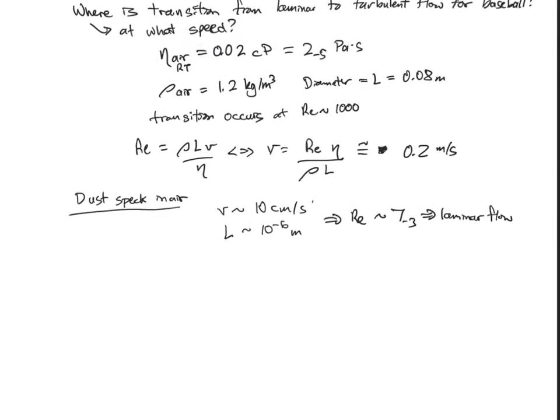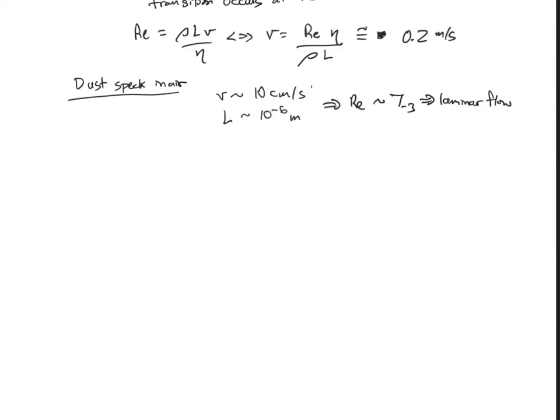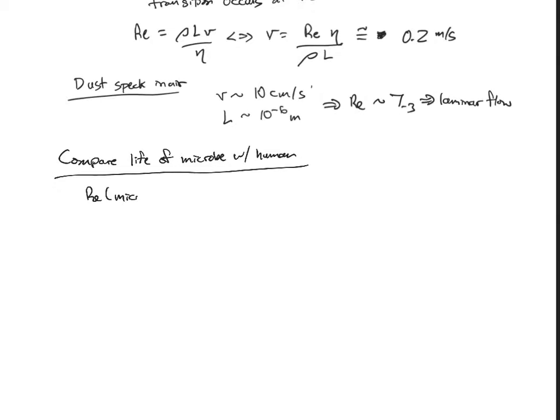As a final example of the Reynolds number, let's compare the life of a microbe with a human being. First, let's calculate the Reynolds number for a microbe. The length that we're going to use is the diameter of a microbe, which might be about 10 to the minus 6 meters.